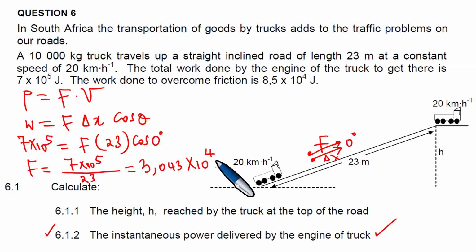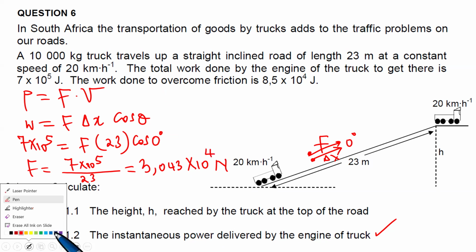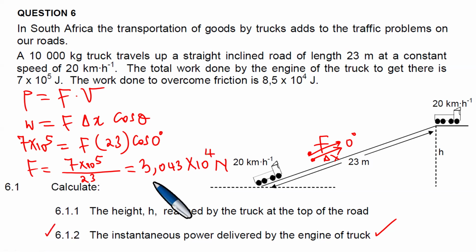So this is the force that the engine of the truck exerts, and therefore the instantaneous power delivered by the engine would be force times average velocity.